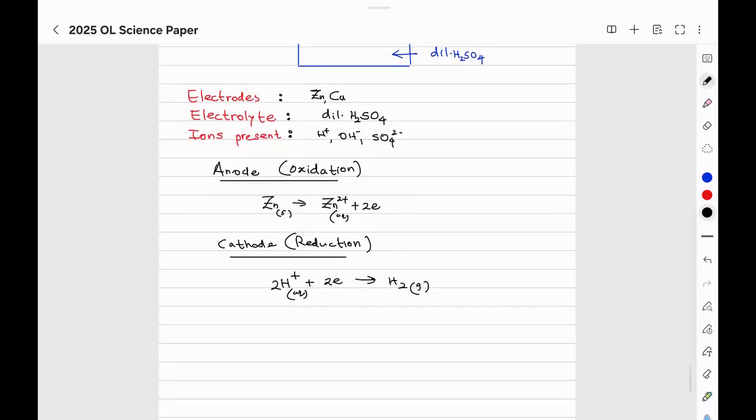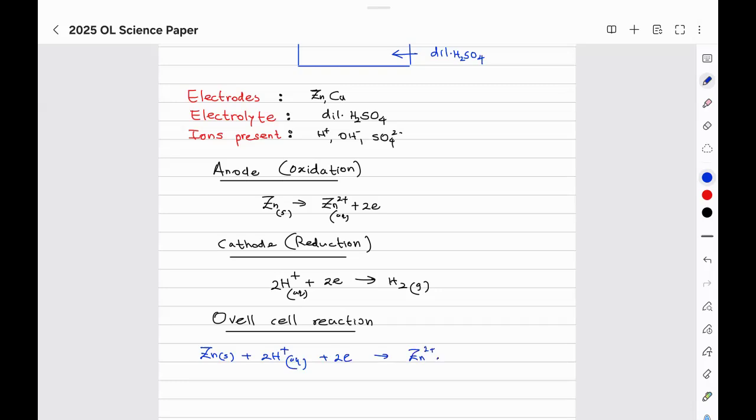And overall cell reaction, when we write down the overall cell reaction, what we have to do is combine these two equations. Left side is added to the left side and the right side is added to the right side. Look at this. Zinc solid, 2H plus aqueous, 2 electrons.